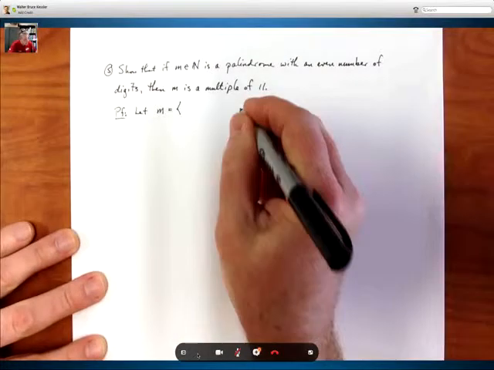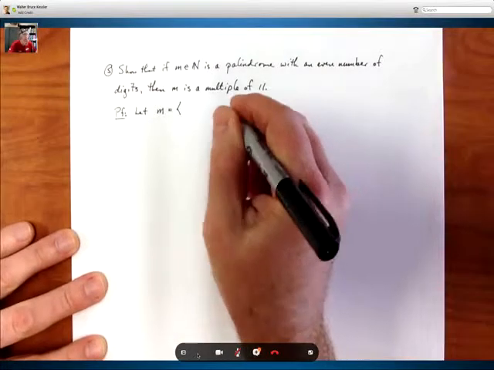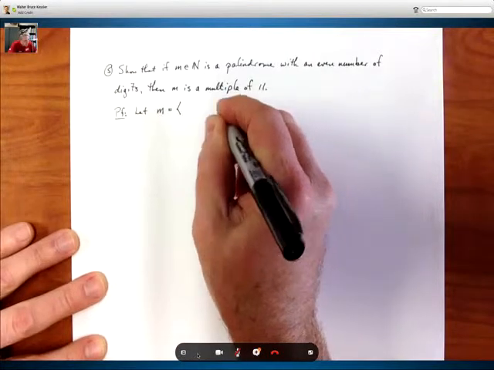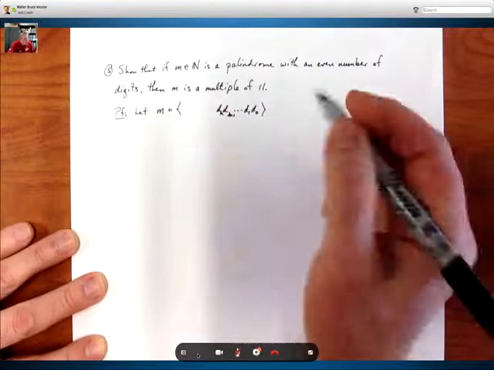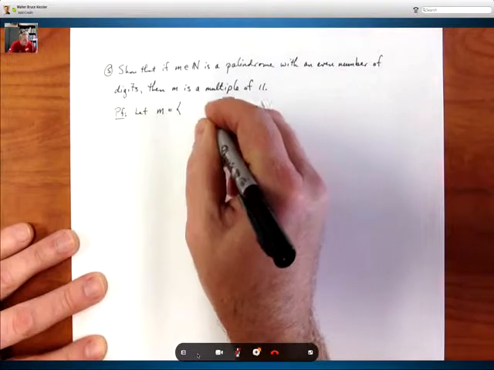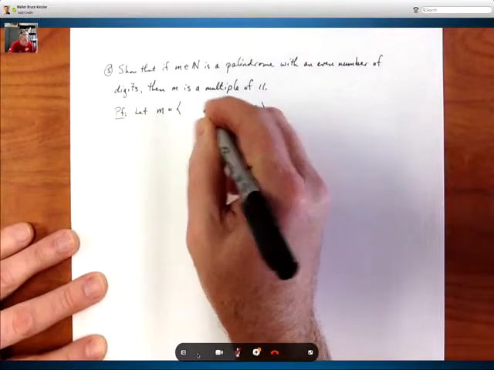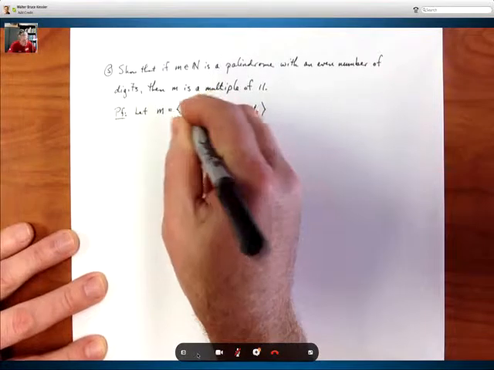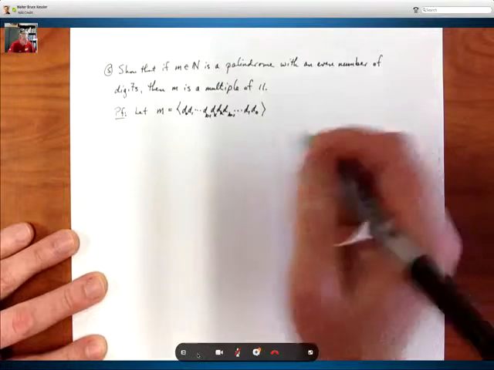And then d1, and on up, dk minus 1, dk. But if it's a palindrome, then you turn around and it goes back the other way. dk minus 1, dot, dot, dot. And then d1 and d0.